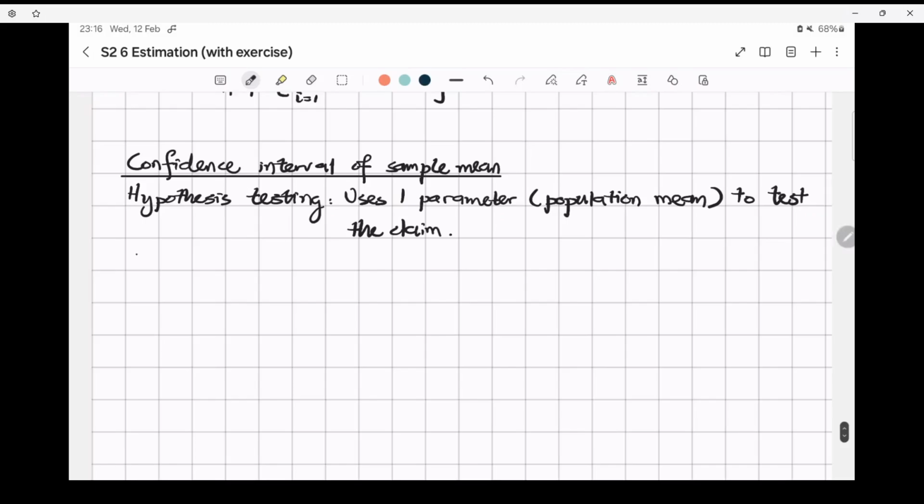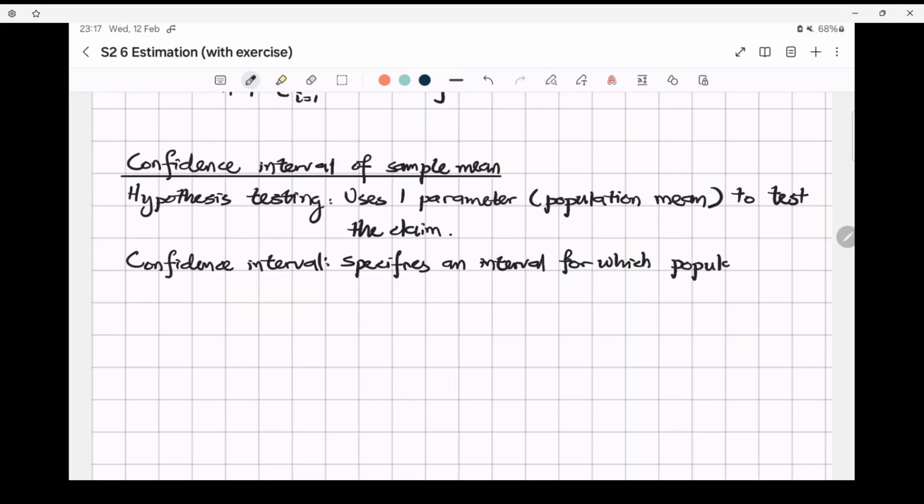So what confidence interval means is it basically specifies an interval for which your population mean is, let's say, alpha percent likely to fall into that interval.